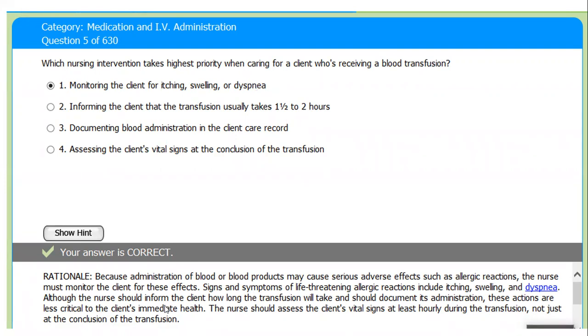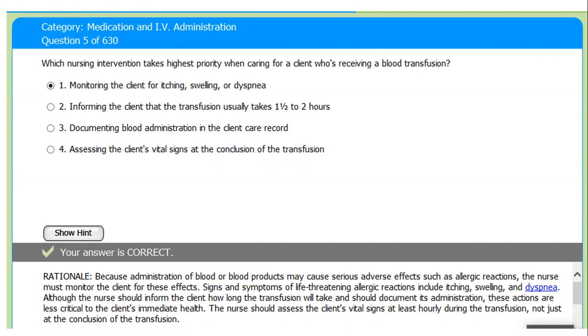What is their explanation? Administration of the blood or blood product may cause a serious adverse effect, such as allergic reaction. The nurse must monitor the client for this effect, and signs and symptoms of life-threatening allergic reaction include itching, swelling, and shortness of breath, we call dyspnea.